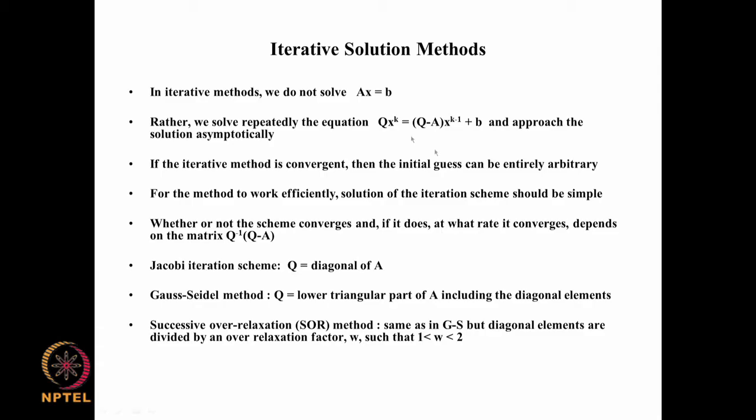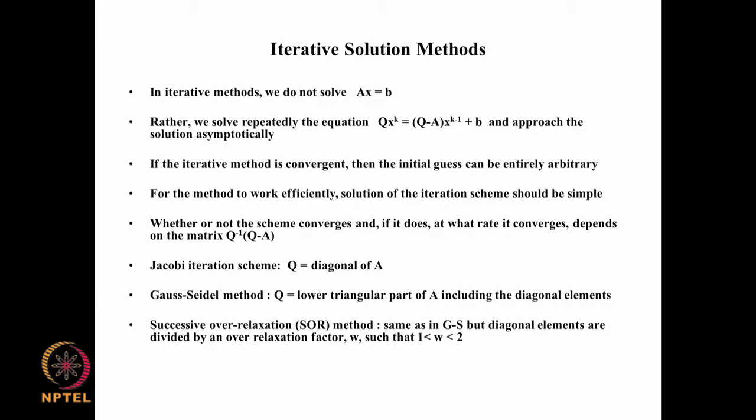In the same way here, even if the solution of this is easy and even if it converges fast, if finding Q, which is not there in the original equation, is time consuming, then the overall solution method is not good.